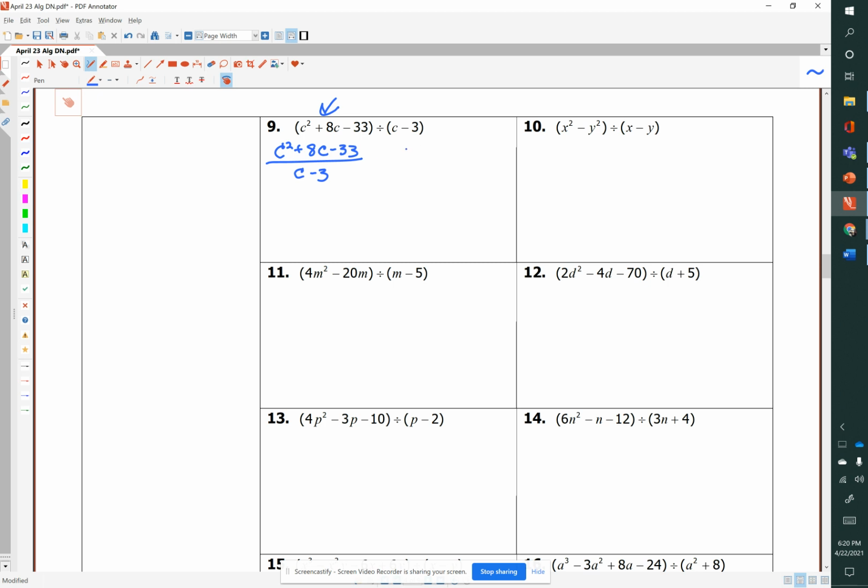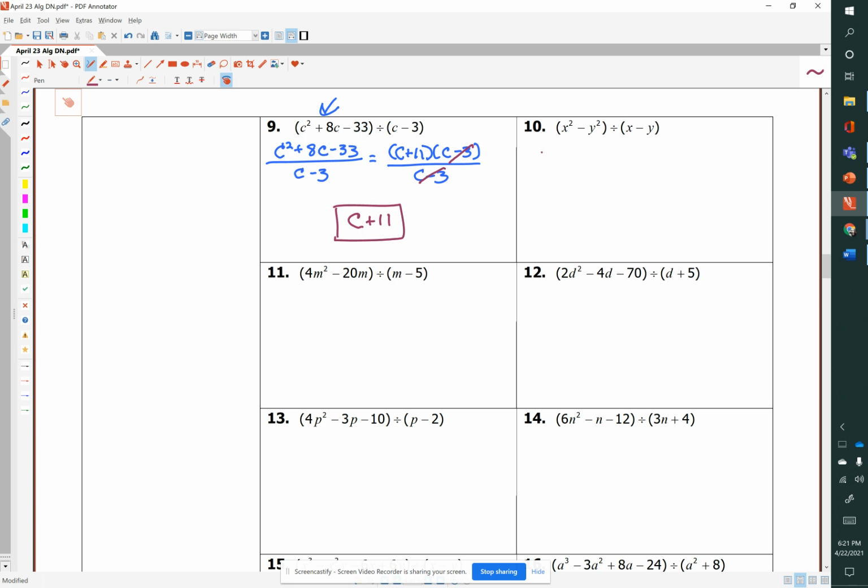So that would be a positive 11 and a negative 3. So c plus 11, and c minus 3 divided by c minus 3. And the c minus 3's cancel. Our final answer is c plus 11.